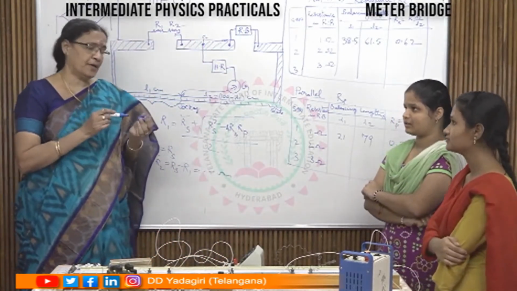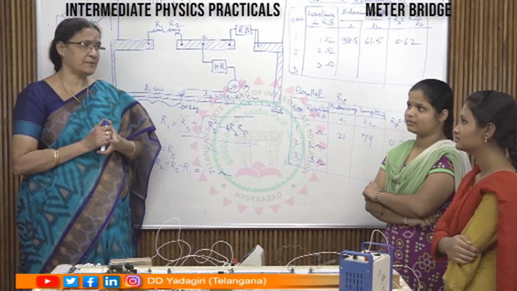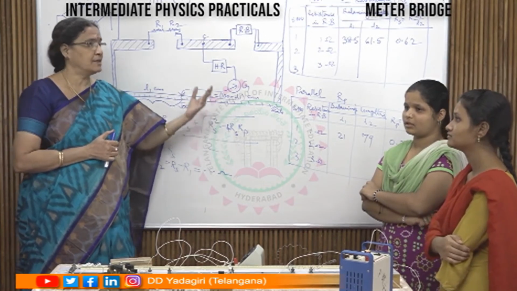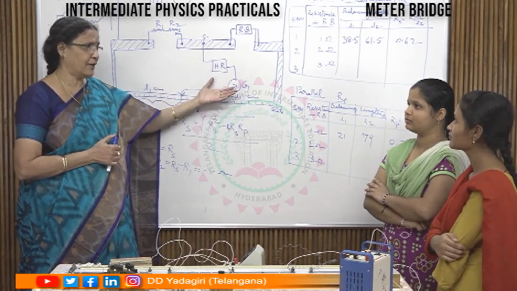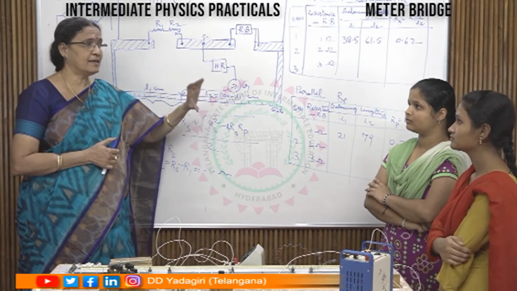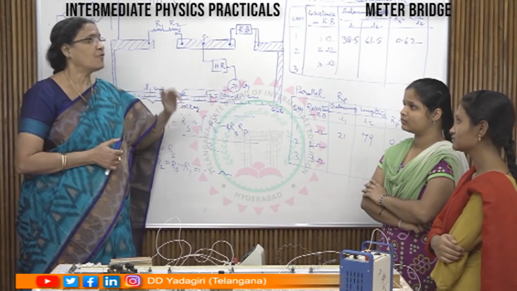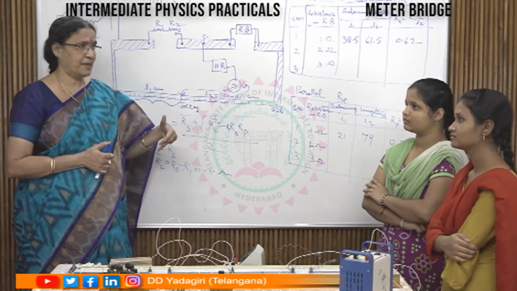So in the examination you have 2 different questions on this meter bridge. They may ask you to find the specific resistance of the given wire, what we have done earlier, or you will be asked to find the individual resistances of the given 2 wires, first by connecting them in series and then by connecting them in parallel.